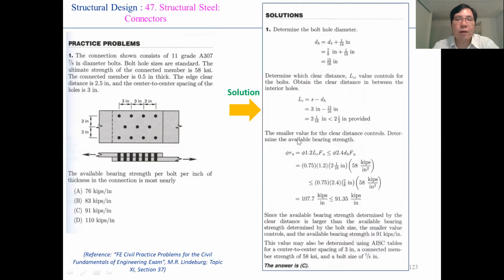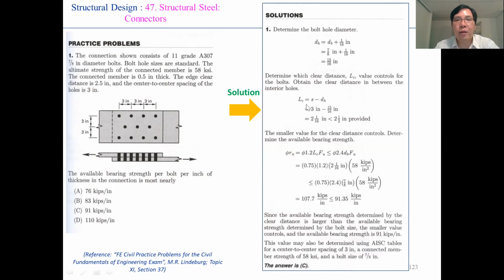So here is the solution for the problem. Firstly, you can determine the bolt hole diameter by this equation: D sub H equal to D sub B plus 1/16 inch, and you can find the result of D_H.